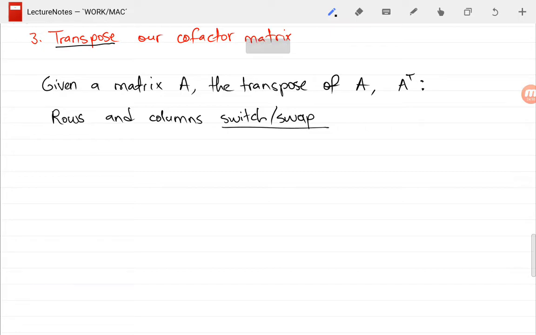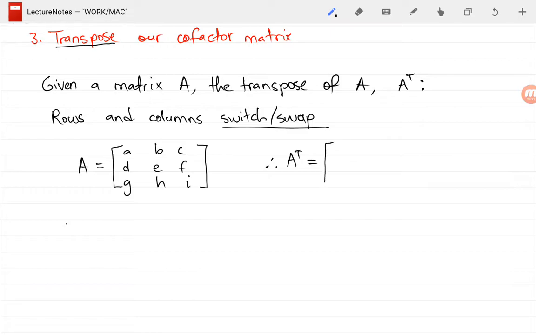So let's look at an example where we have our matrix A, which was, again, we're gonna go back to A, B, C, D, E, F, G, H, I. Therefore the transpose of A is just gonna be where we had our first row, it's gonna become our first column.